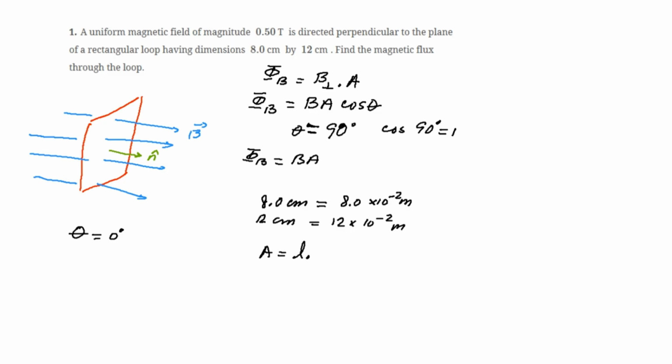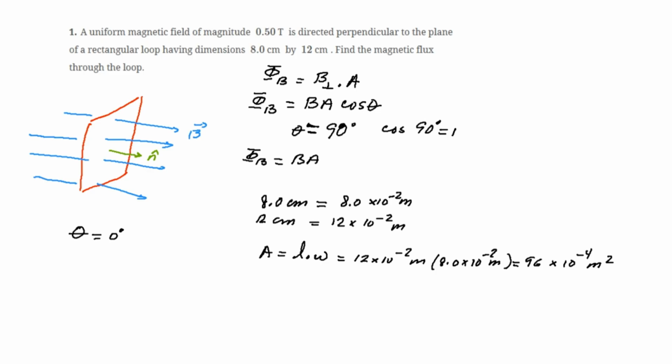There is then 12 times 10 to the negative 2 meters times 8.0 times 10 to the negative 2 meters equals 96 times 10 to the negative 4 meters squared. This is, in this case, the area.